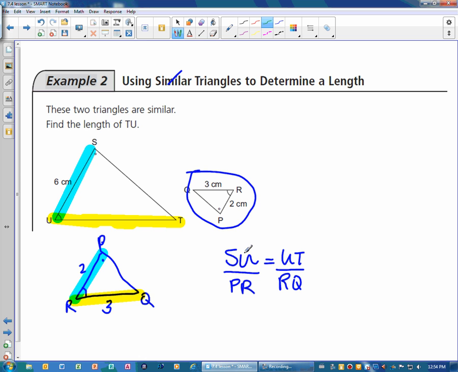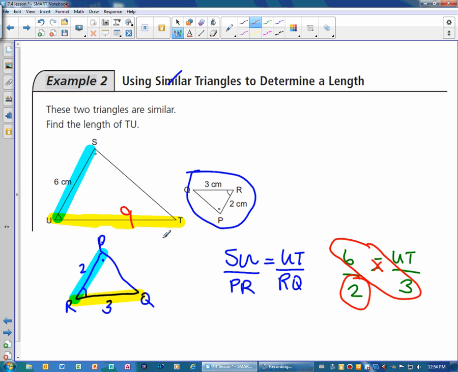Fill in your values. SU is 6. PR is 2. UT is my unknown, that's the one I'm solving for. RQ is 3. So I'm going to cross multiply: take the set I have, multiply, divide by the leftover. So I have 6 times 3, 18, divided by 2 is 9.